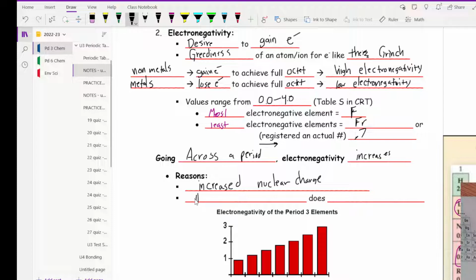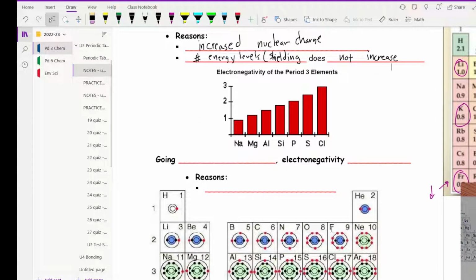The number of energy levels, the amount of shielding, does not increase. And so electronegativity does increase, because there's nothing to stop that pull for the electron to be pulled towards the center.